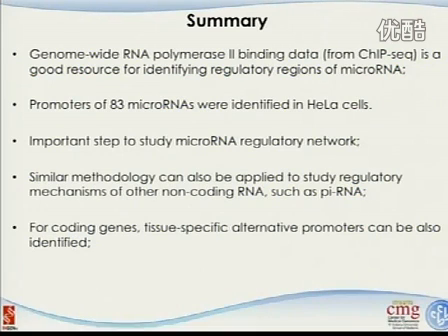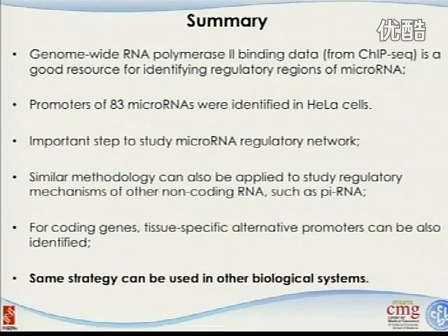And similar strategies can also be used for other types of non-coding RNA, as long as they are RNA polymerase II transcribed, and for protein coding genes, tissue-specific alternative promoters can be identified. And more importantly, the same strategies can be used in other biological systems. Actually, we did two systems, both in breast cancer cells and in HeLa cells, and both of them are giving us very meaningful biological results.